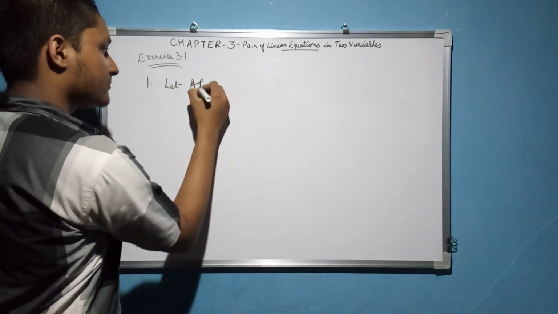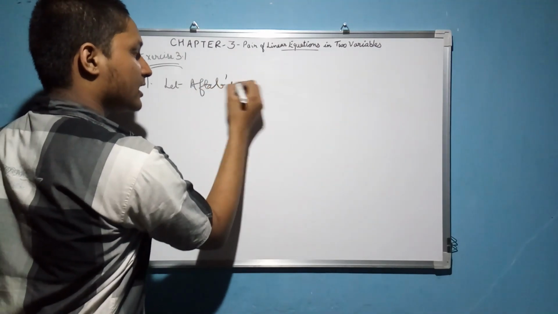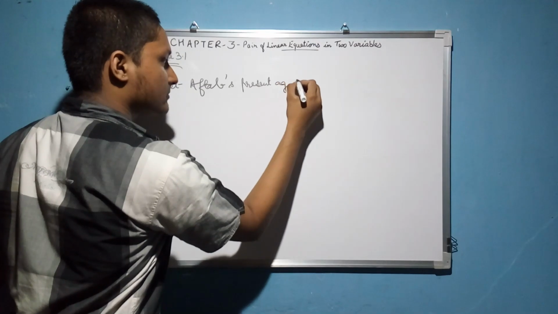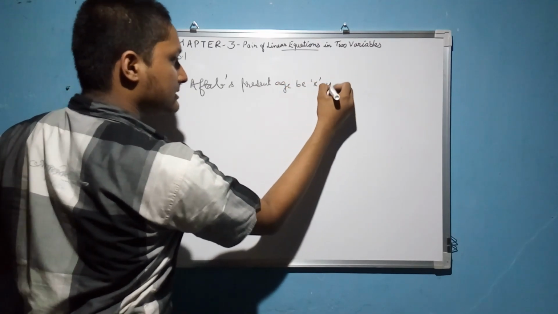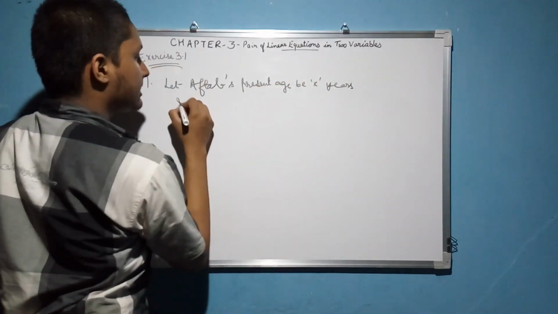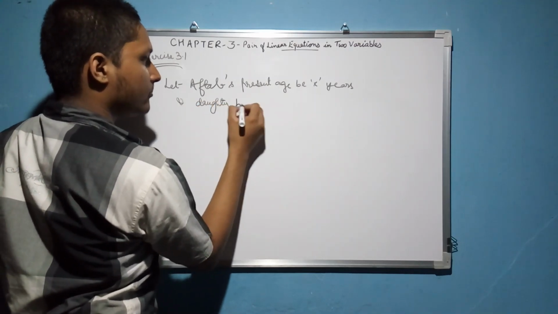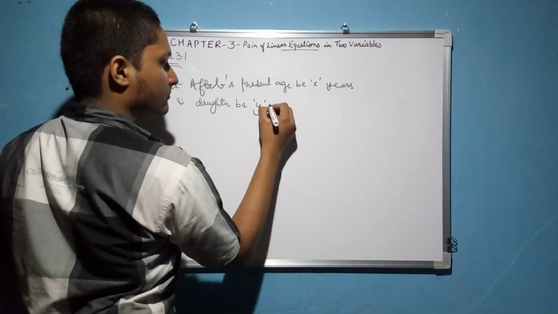Let Aftab's present age be x years, and that of his daughter be y years.